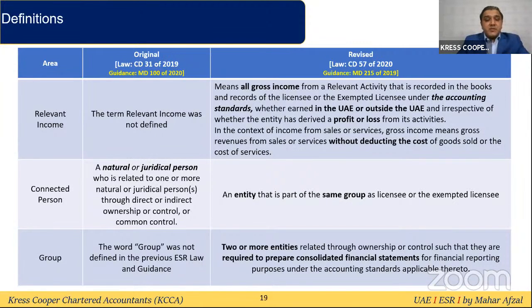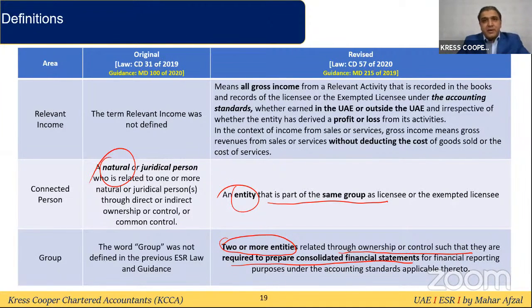Connected person: initially a natural person was being considered as a connected person, which has been removed. Now they said an entity which is a part of the same group as a licensee or an exempted licensee will be considered a connected person. Group has been defined properly as well. Group means two or more entities linked through ownership or control that are required to prepare a consolidated financial statement.